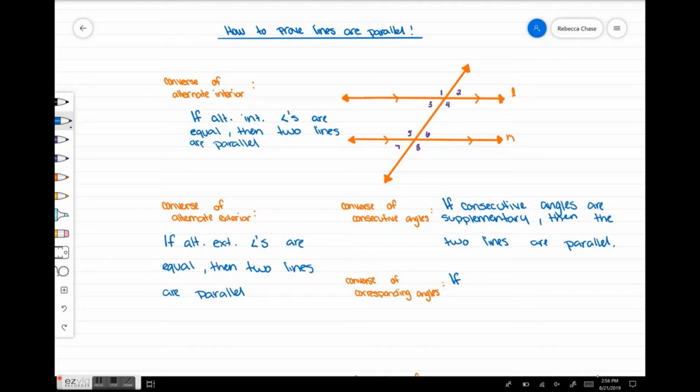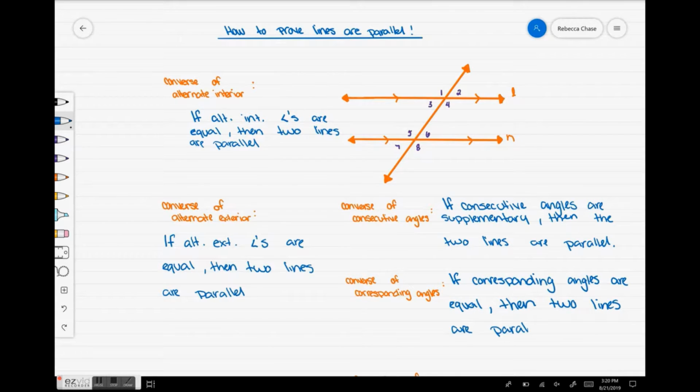So if corresponding angles are equal, then the two lines are parallel.